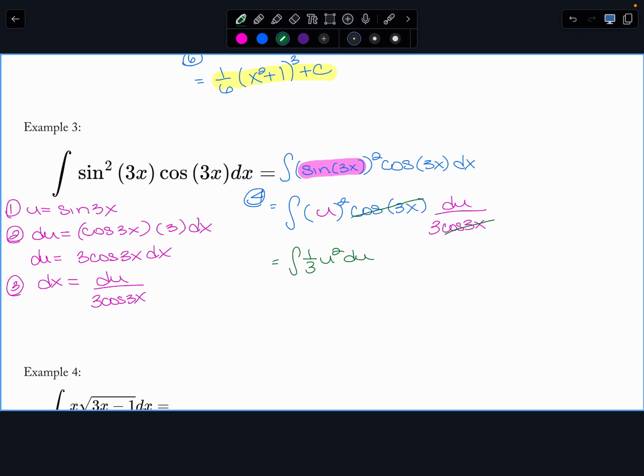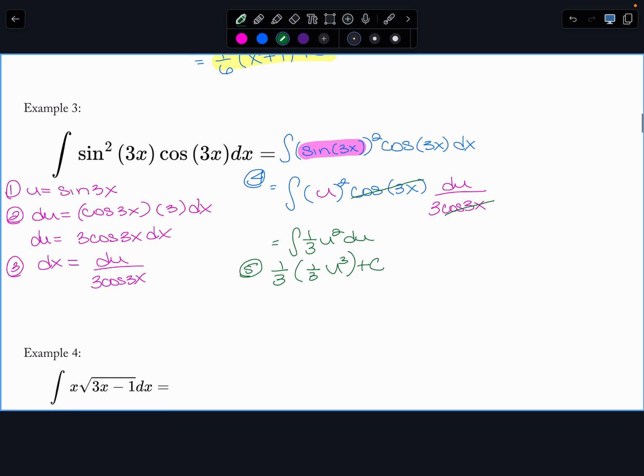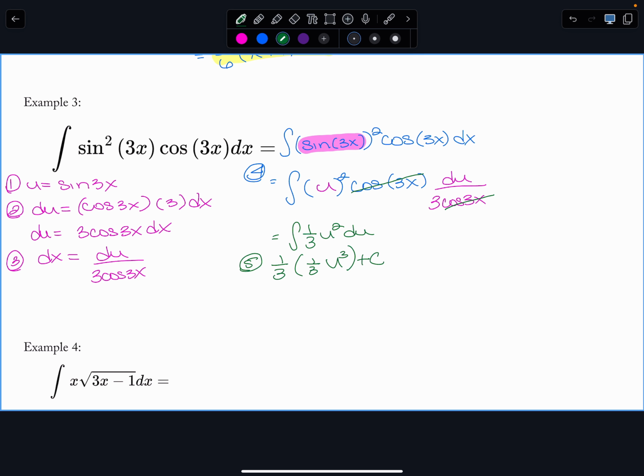Hard part about this is that you do so many steps that you forget to take an antiderivative. So I have my 1/3. I have a u cubed multiplied by 1/3 and a plus c. So I get 1/9 u cubed plus c.